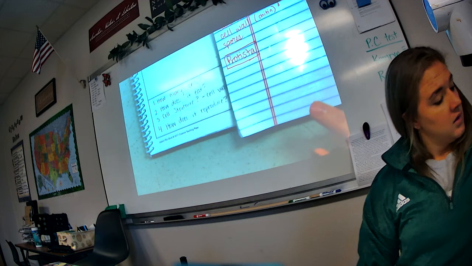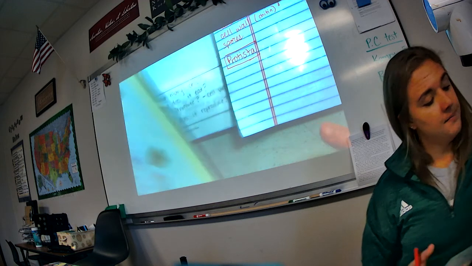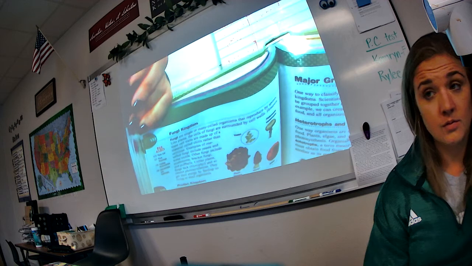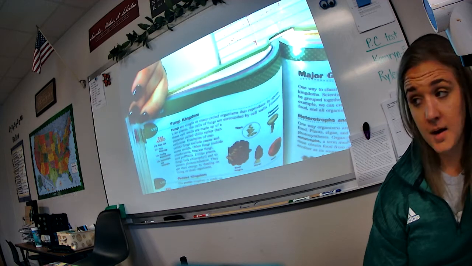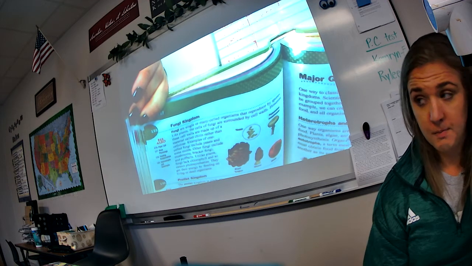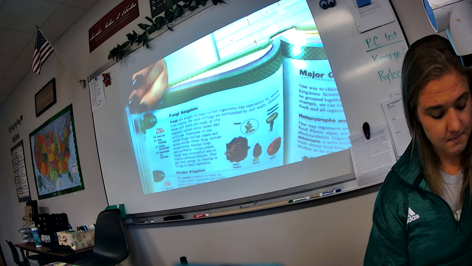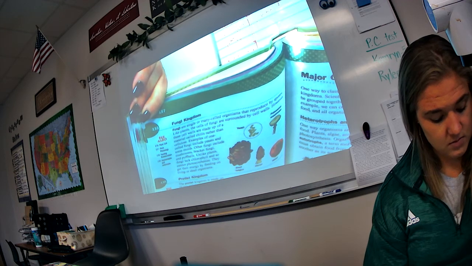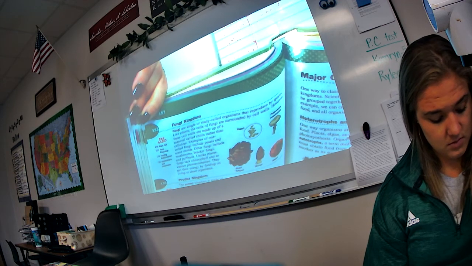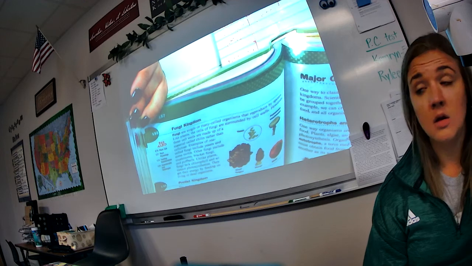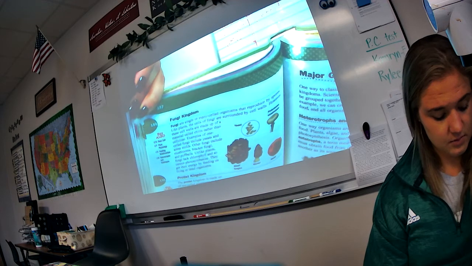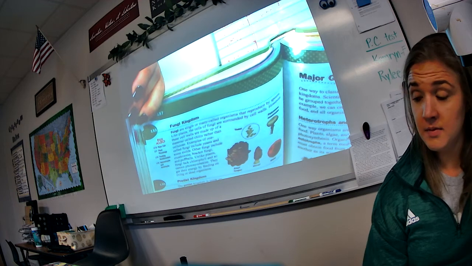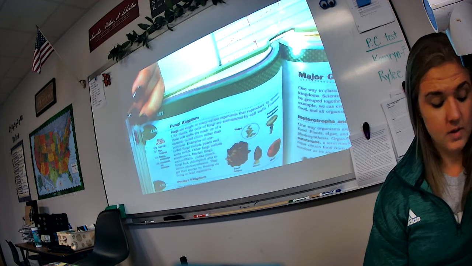Some protists, such as amoeba and paramecium, feed on other organisms. Others, such as euglena and many types of algae, make their food by photosynthesis. Very good.